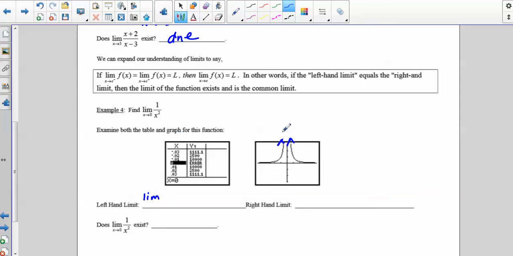The limit, I'm going to call this function g of x. The limit of g of x as x approaches 0 from the left equals positive infinity, and the limit of g of x as x approaches 0 from the right is also positive infinity.